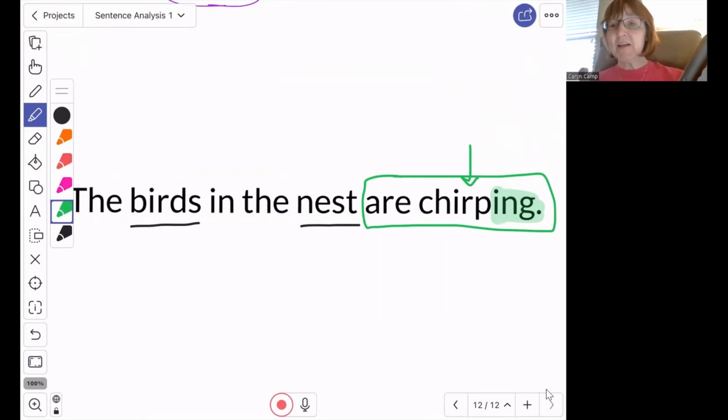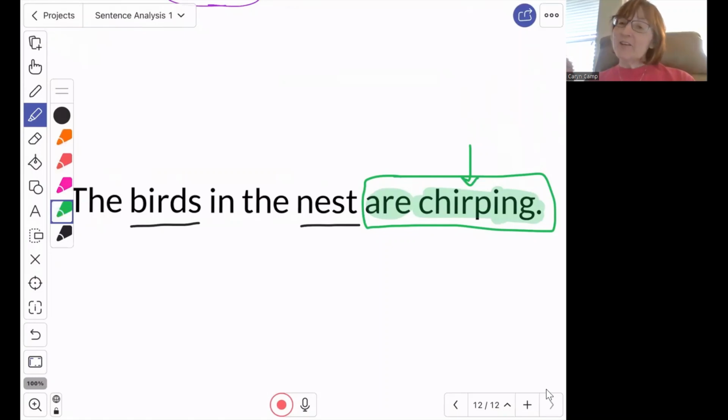That if you have an action verb with ing and the action is happening in the sentence, we can't just say the birds chirping. We need a helping verb. And that's what this is, the are. Am, is, are, was, were, will, be. The verb to be, the being verb, can help out when we have an ing action verb. So both of these words together are the verb, 2-word verb, are chirping.